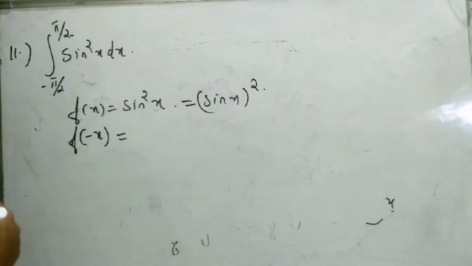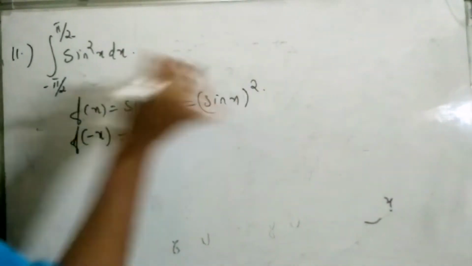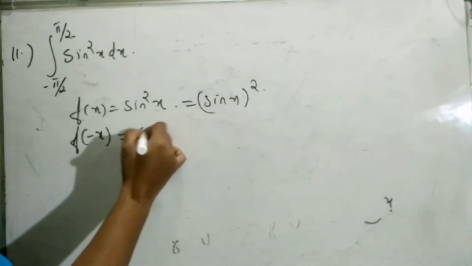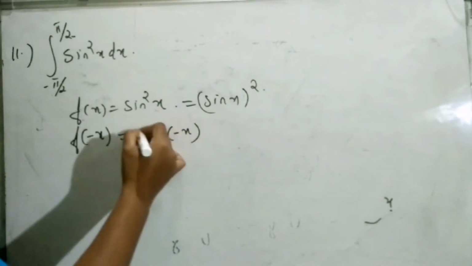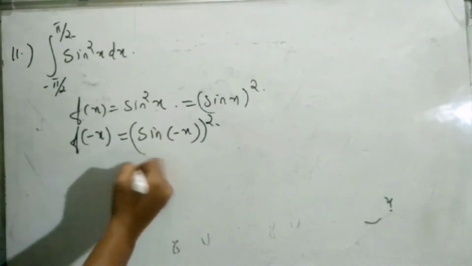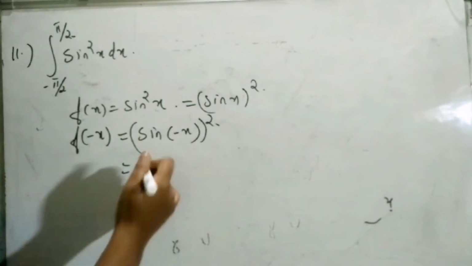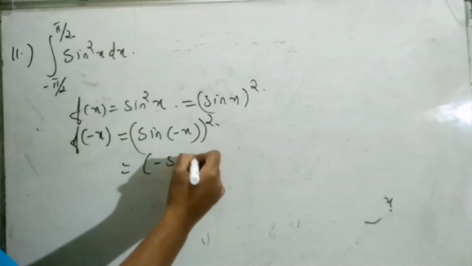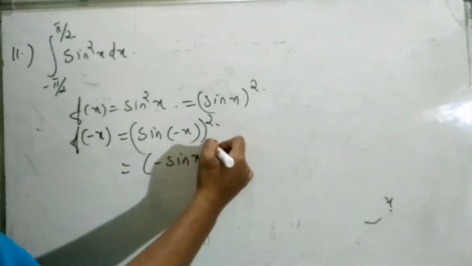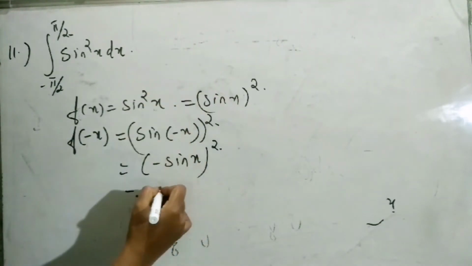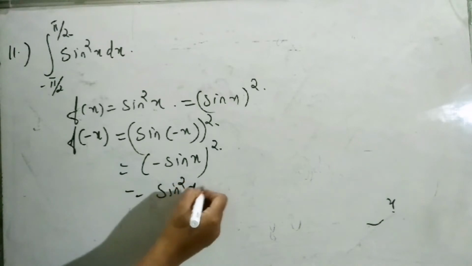Now f of minus x means we need to replace x by minus x. That's all. F of minus x is sine of minus x all square. And we know that sine of minus x is minus sine x, all square.